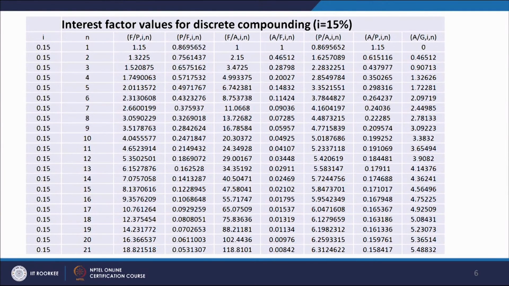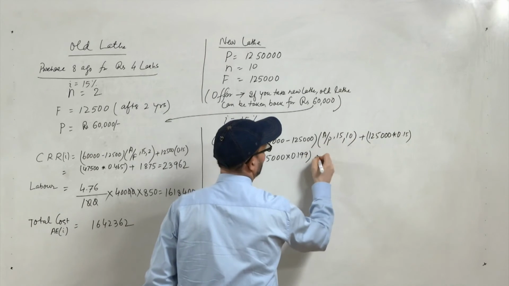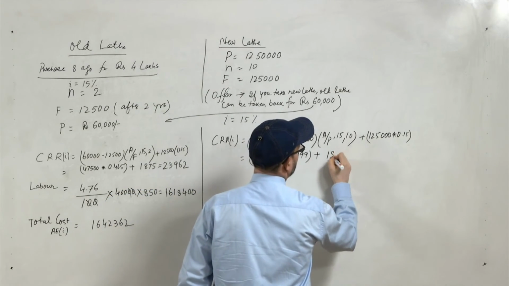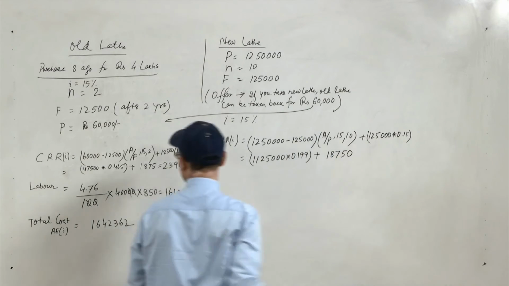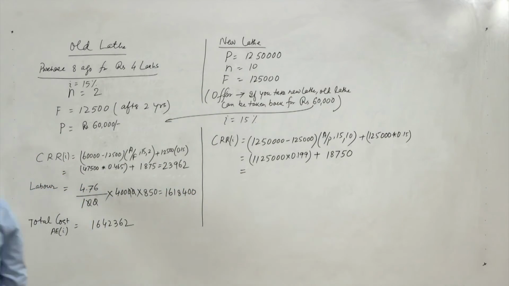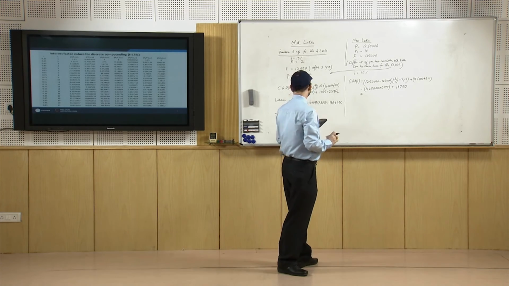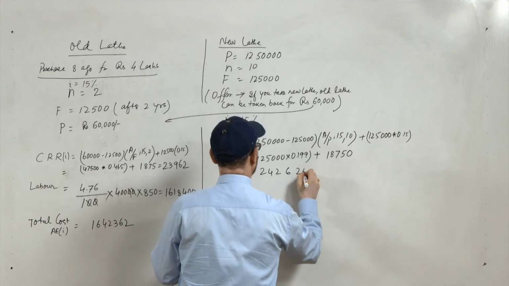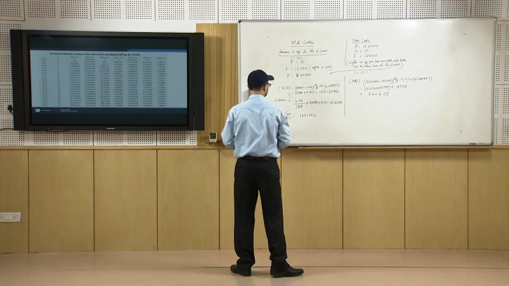So, this is 10, in that line your A by P comes here. So, A by P 15, 10 is 0.199. Plus, so once we do that, this comes out to be 2,42,625.